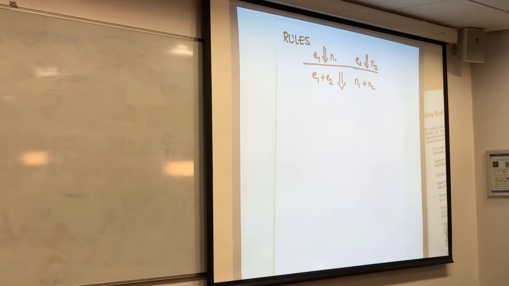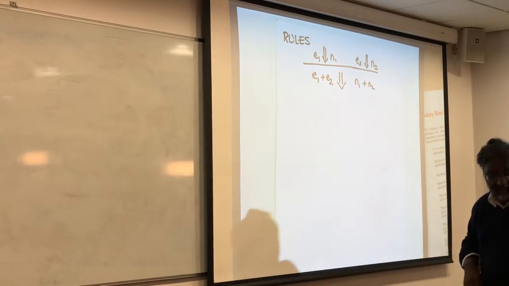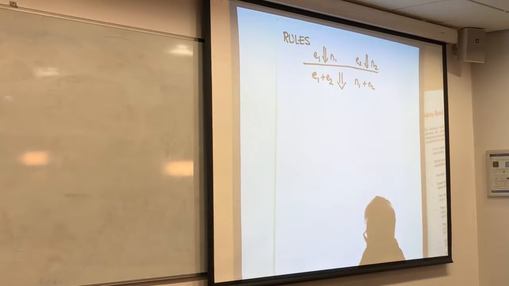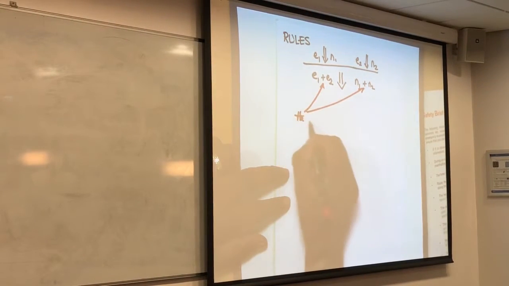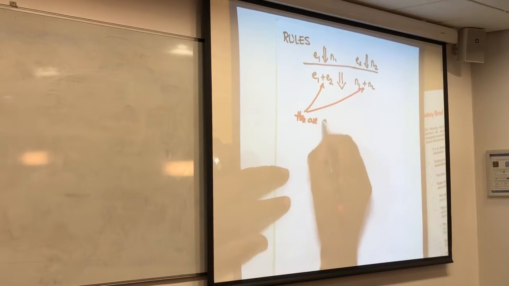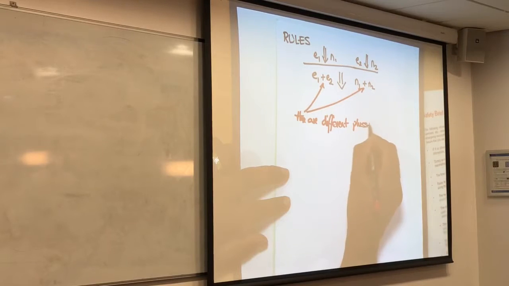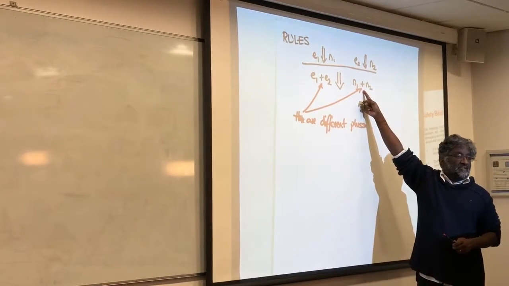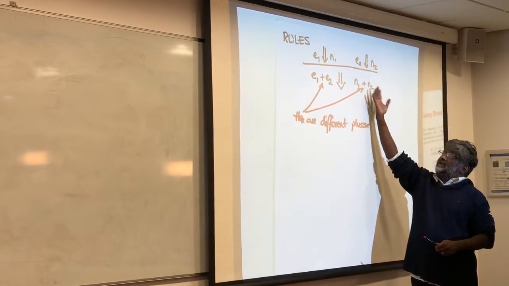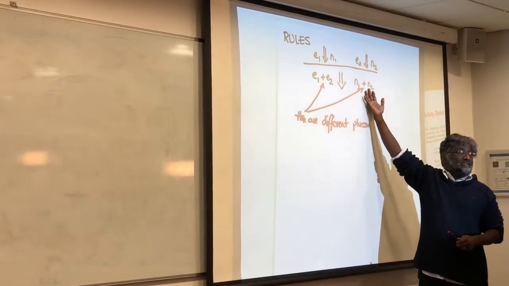It's pretty obvious, I'm sure you could have guessed that. I should make the point that these are different pluses. This is the plus that works on integers. If that's 7 and that's 12, this is 19.